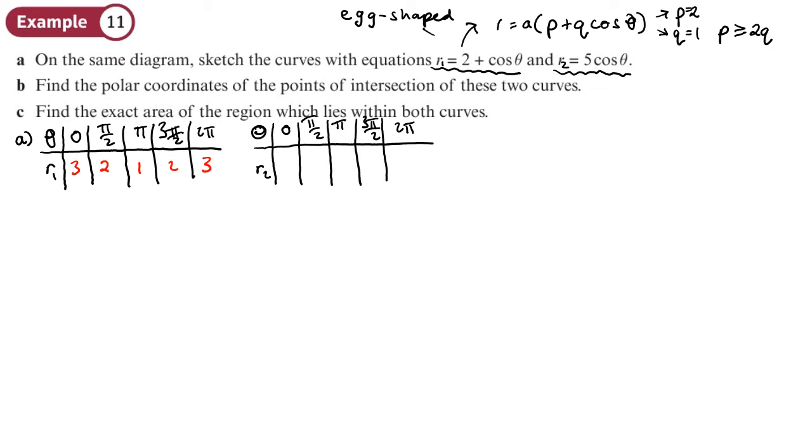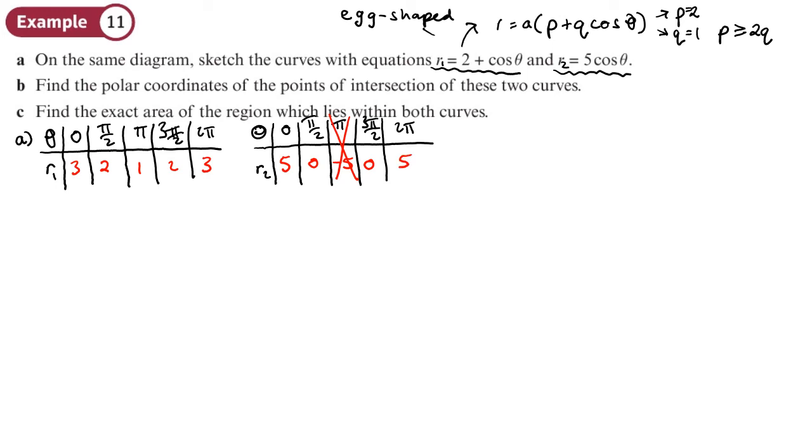Now I'm going to do exactly the same thing for the other equation and just use the table function on my calculator to get the values. So that gives me 5, 0, negative 5, so I'll ignore that one. 0, and the last one for 2 pi is 5.